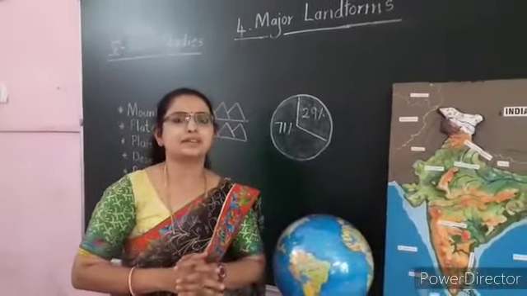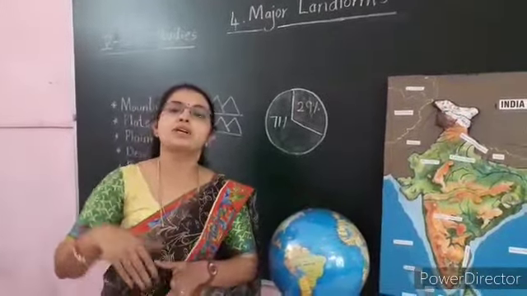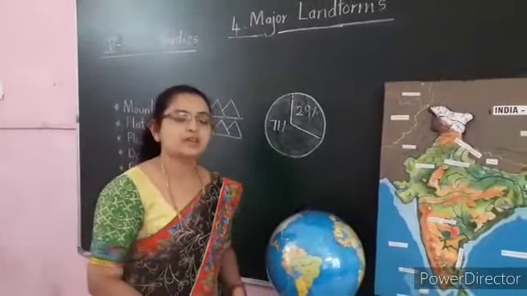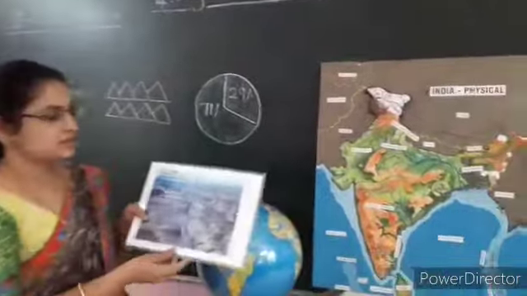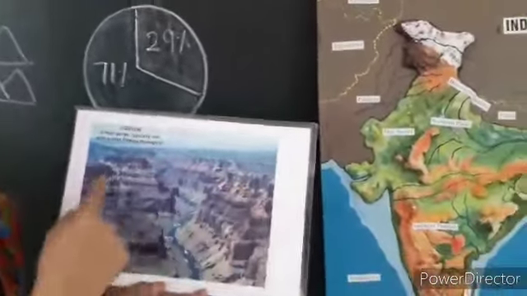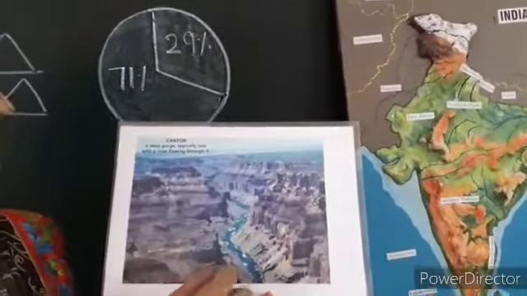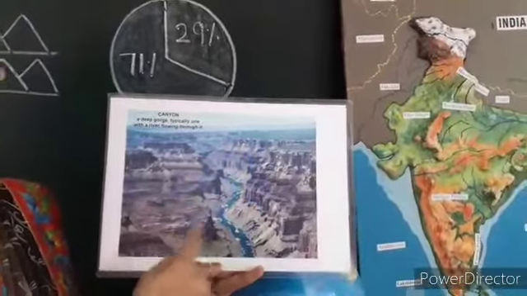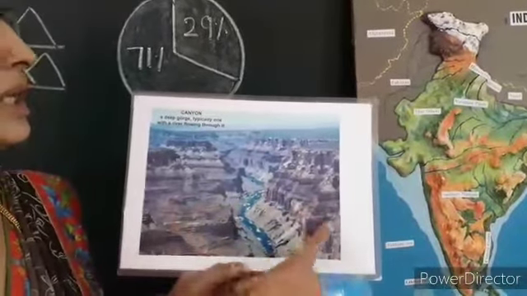Some plateaus have deep canyons on their surface. See here children, this is the picture of a canyon. Canyon means a deep gorge between two hills.